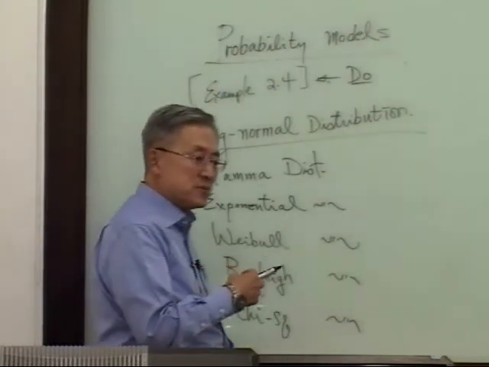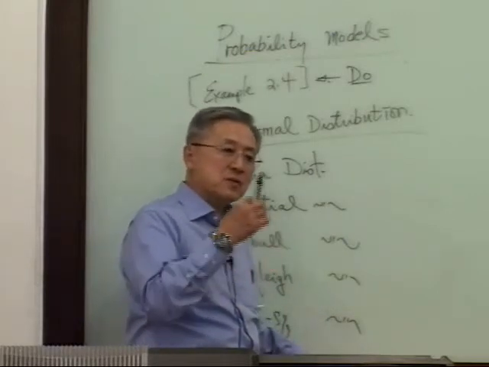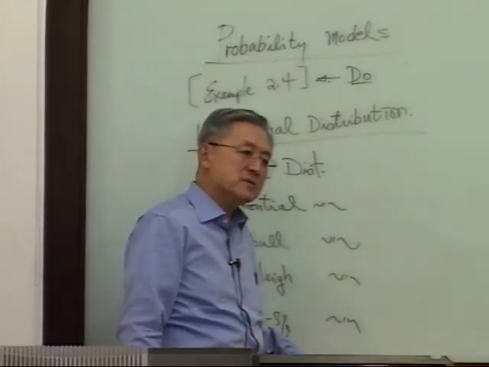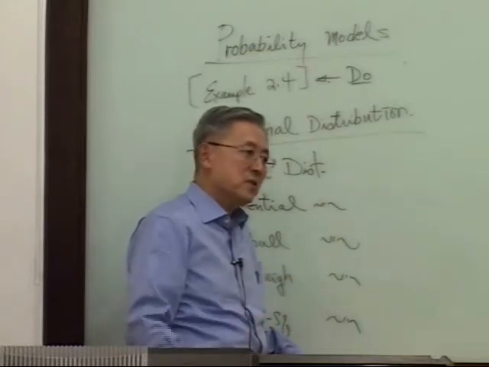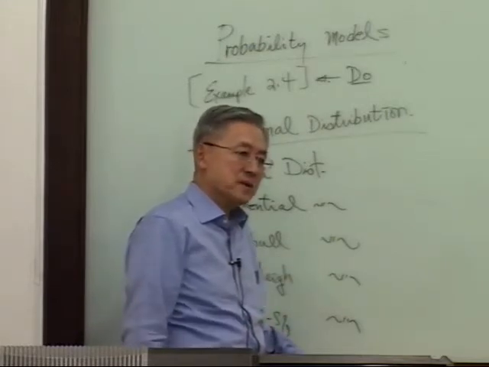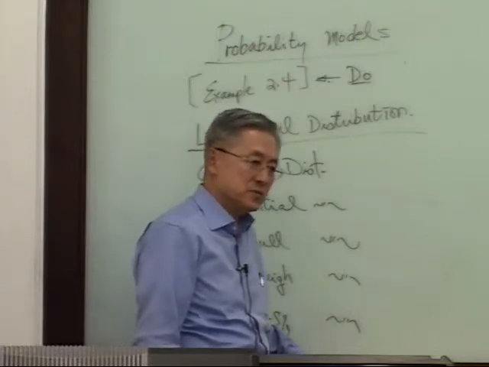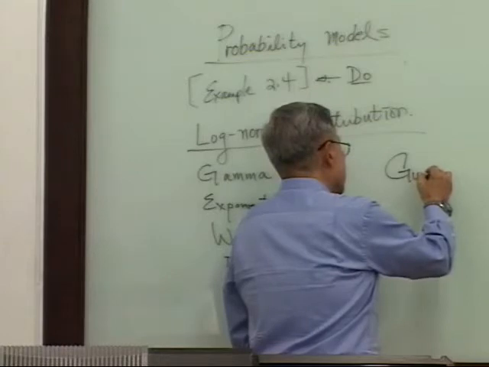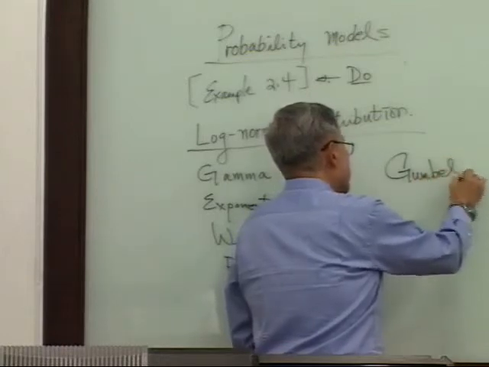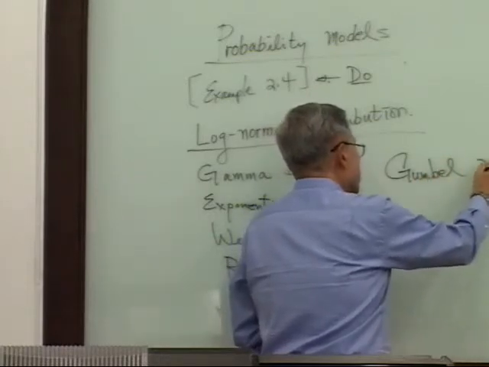But that doesn't mean there exist only five models. No. There are a few more, like the Gumbel distribution function. I'm not going to bother to go through this.